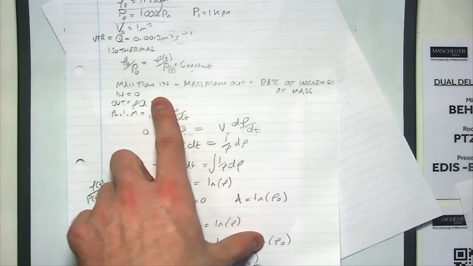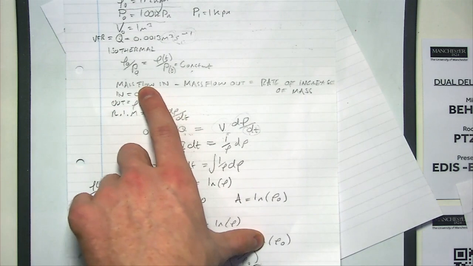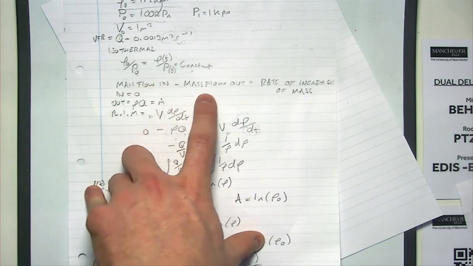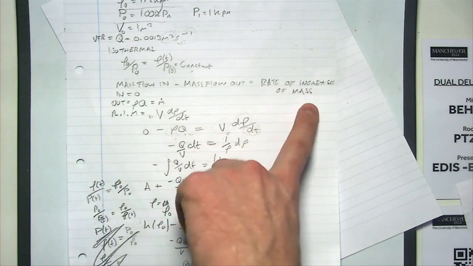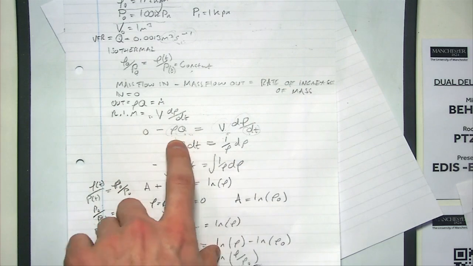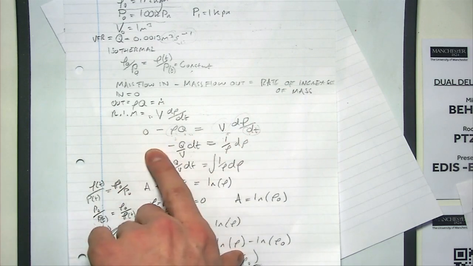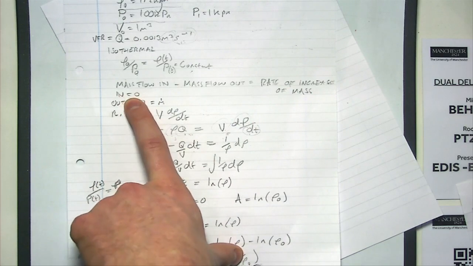Then we use the mass continuity equation to say that the mass flow in minus the mass flow out is equal to the rate of increase of mass. I talked about some brief unit analysis that allows that to work out. There's nothing going into the reservoir.